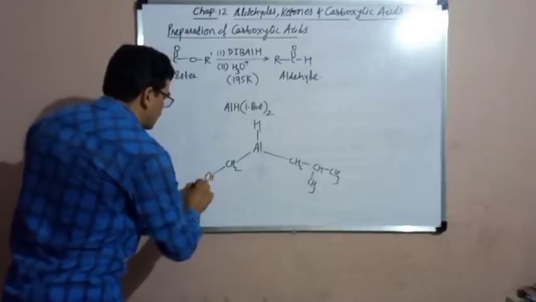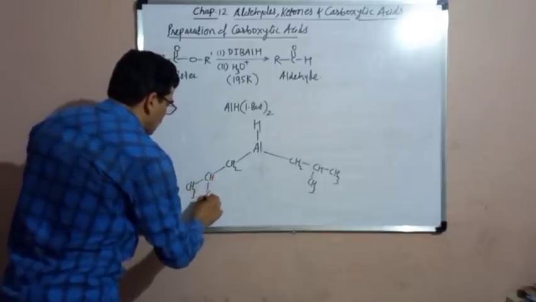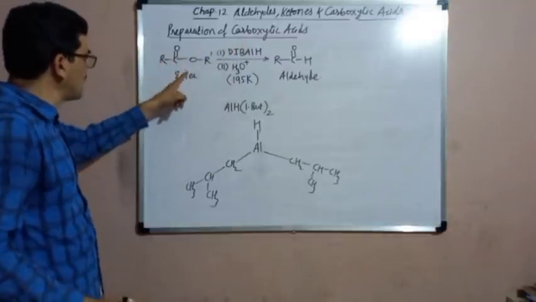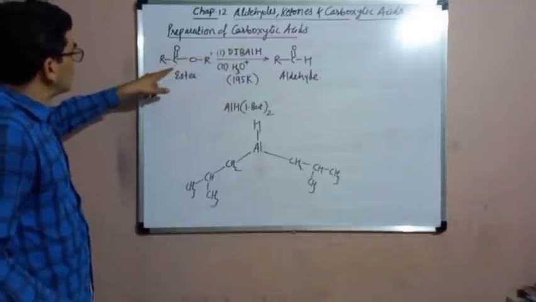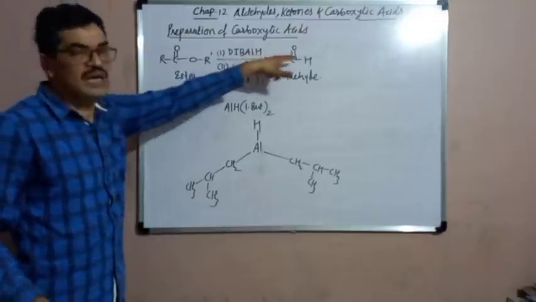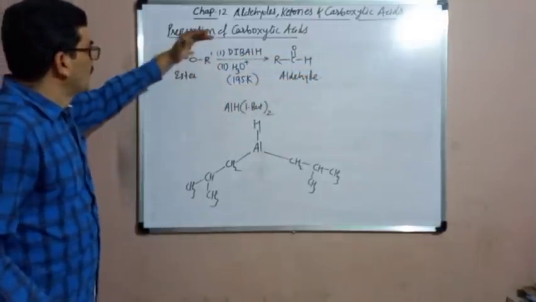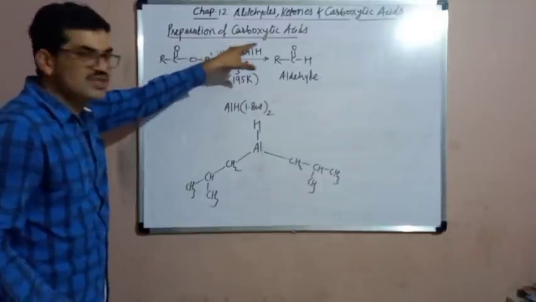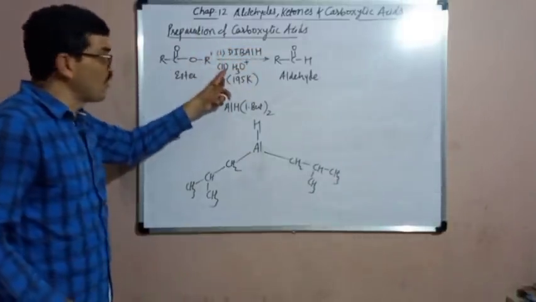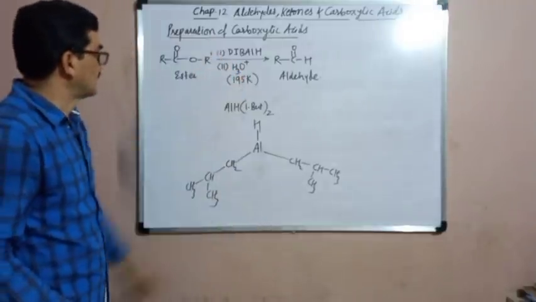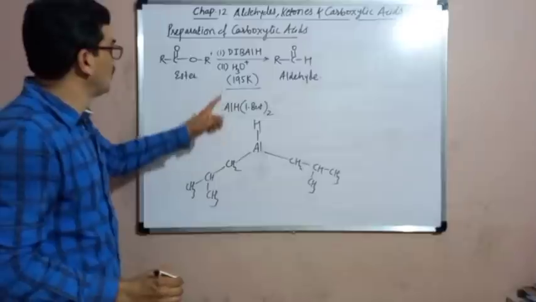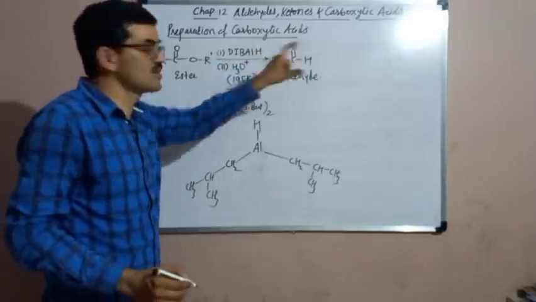This is the second isobutyl. So this is the diisobutyl aluminium hydride, which is the reducing agent here. It reduces the ester to give the aldehyde. Two steps are there. First step involves the reduction, and the second step involves the hydrolysis. The reaction is carried out at the low temperature in order to avoid the further reduction of this aldehyde.